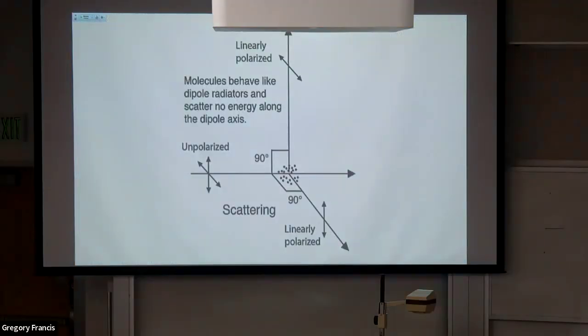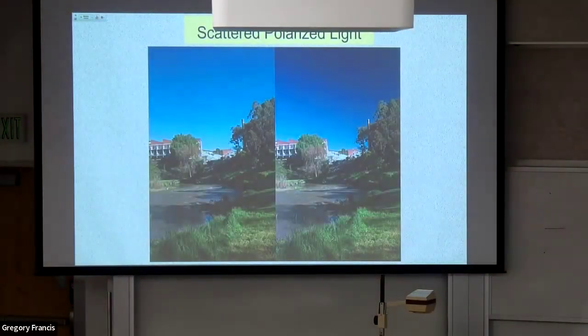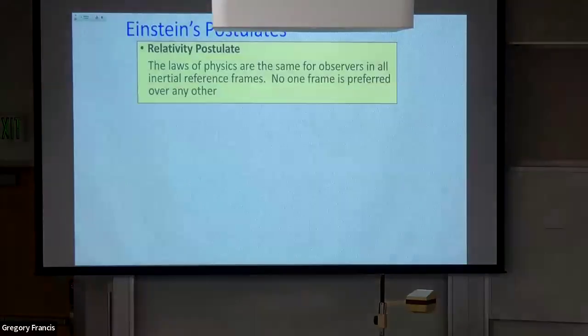But as a result, if we have these polarized glasses, we can sometimes cut out some of the light that's being scattered from the sky. And so you see on the right, I've got a polarizer, and on the left, I don't. And you see we've cut out some of the light with our polarized axis. Again, that's not going to be on the exam.